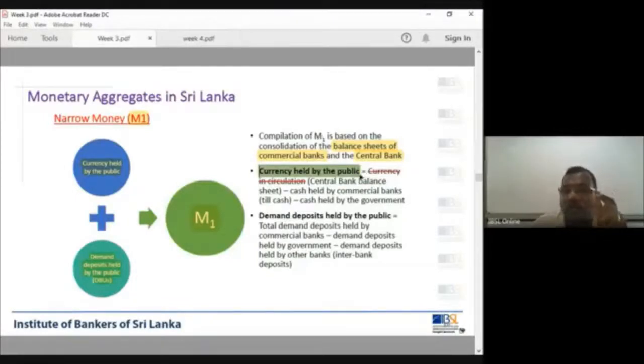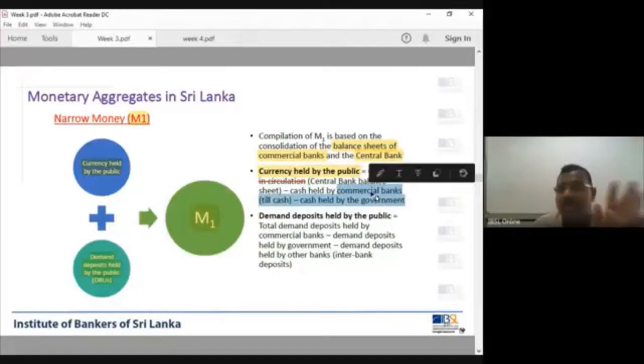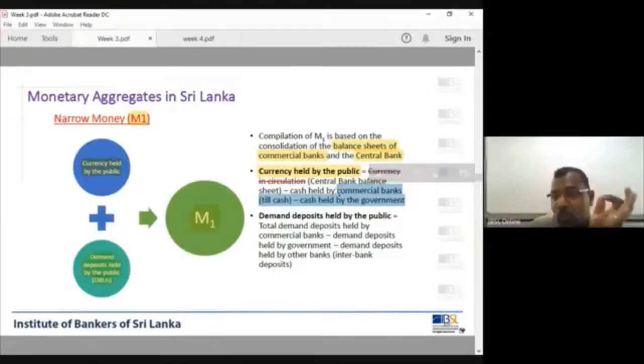So what do you need to adjust? You have to deduct currency held by commercial banks or government or whoever, right? You only take what is held by the public, like you, like me, what we are having in our wallets. So that currency part is considered as part of narrow money, but we have to deduct commercial bank currency, what they have.